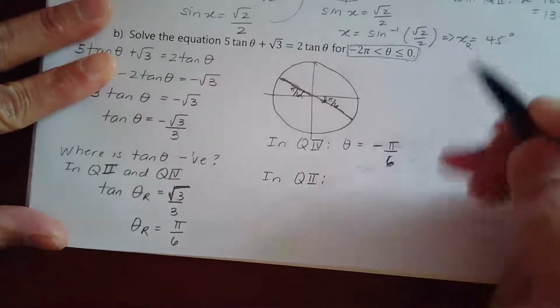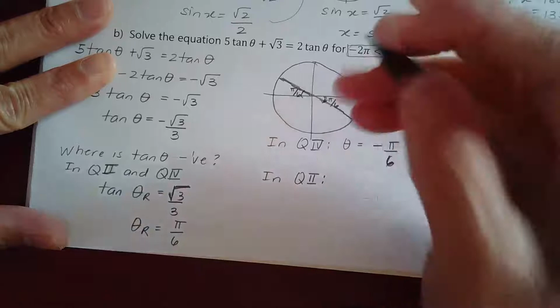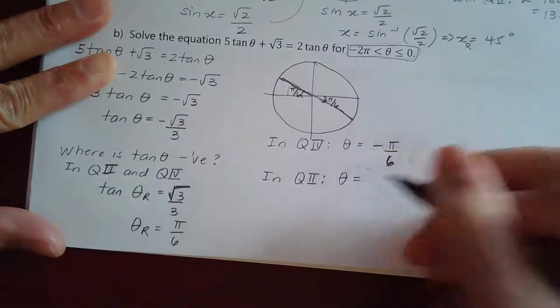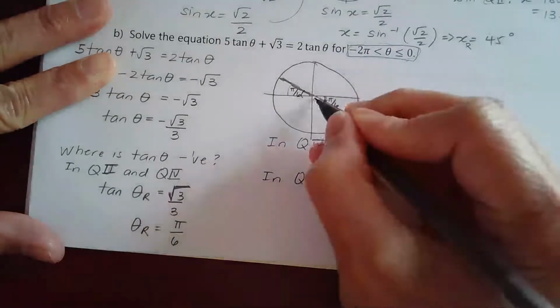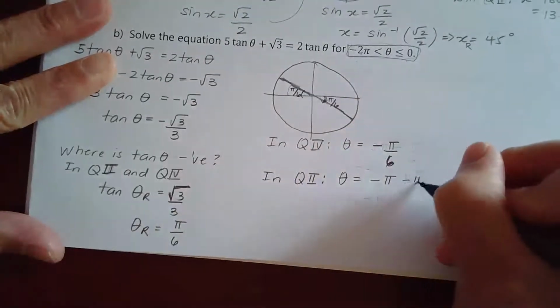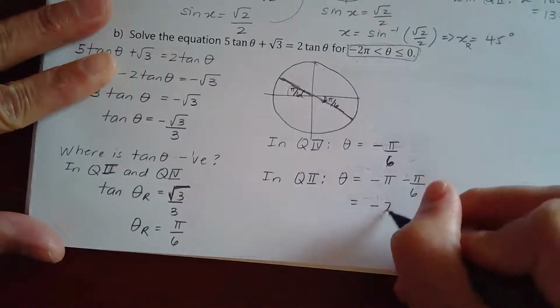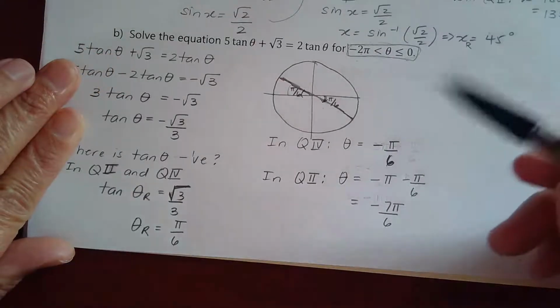In quadrant 2, it's going to be negative pi, and then turning another pi by 6 that way. So theta is equal to negative pi, and then turning more by pi by 6. That's going to give us negative 7 pi by 6. Negative 7 pi by 6. Okay.